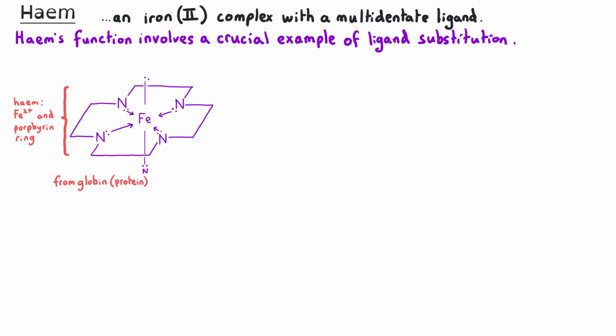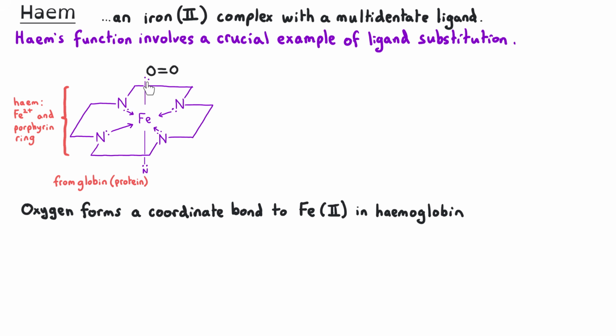And then actually there are 6 coordinate bonds overall. This one going downwards is to a protein called globin, which is how haemoglobin gets its name. And the coordinate bond going upwards is actually to an oxygen molecule. And this makes up haemoglobin, which is the structure where we've got oxygen at the top.